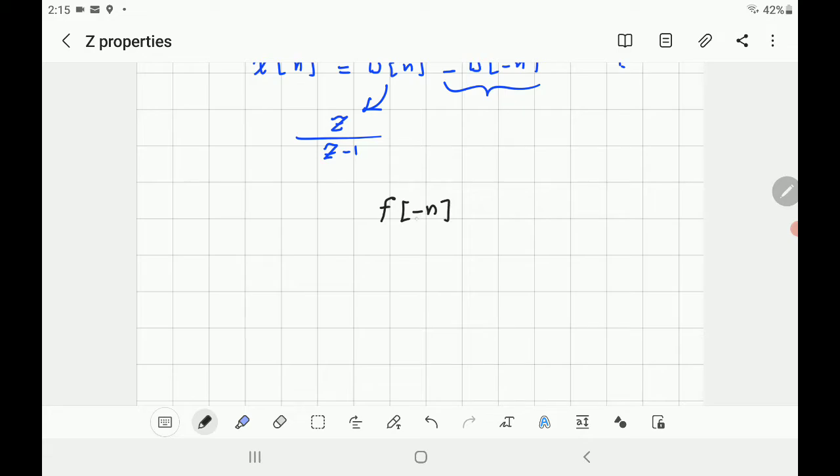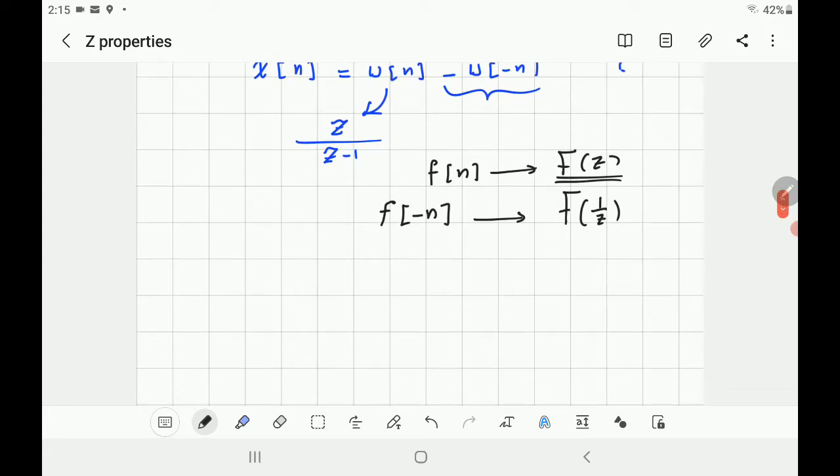When you change from n to minus n, first you have to know that the original one gives you F of z. But if you add a negative sign to the n, all you are supposed to do is use this expression and, instead of z, replace it by 1 over z. That's all.